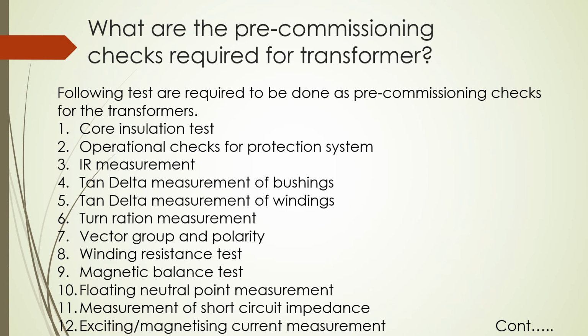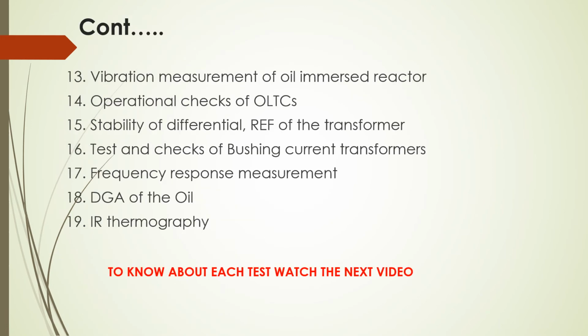Core insulation test, operational checks for protection system, IR measurement, tan delta measurement of bushings, tan delta measurement of windings, turn ratio measurement, vector group and polarity, winding resistance test, magnetic balance test, floating neutral point measurement, measurement of short circuit impedance, exciting or magnetizing current measurement, vibration measurement of oil immersed reactor or transformer, operational checks of OLTCs, stability of differential or REF of the transformer, test and checks of bushing current transformer, frequency response measurement, DGA of the oil, and IR thermography. To know about each test, watch the next video.